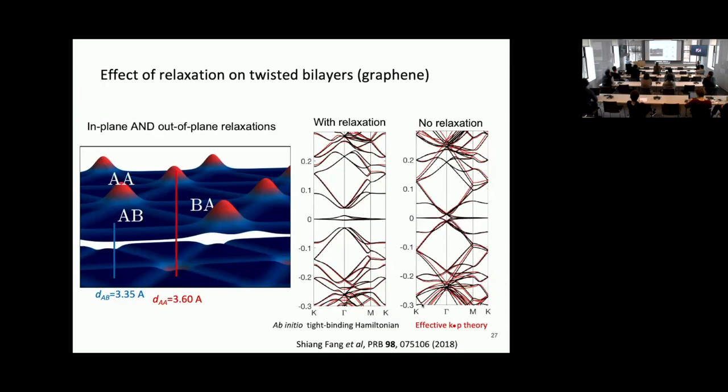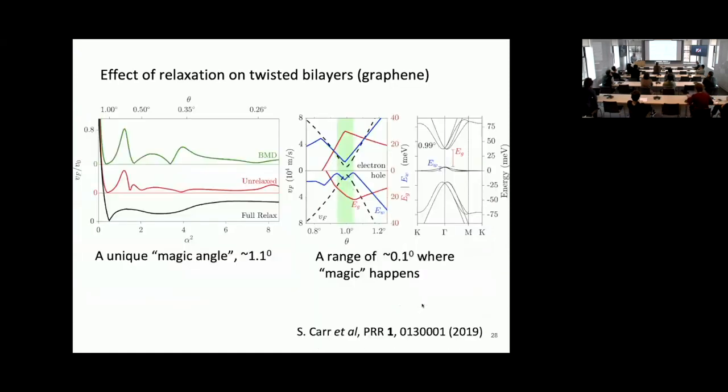Here are flat bands again, but very strongly hybridized with all the other bands and no band gaps anywhere. So this is a crucial thing, because in experiment, we do see band gaps, as I'll show you in a moment.